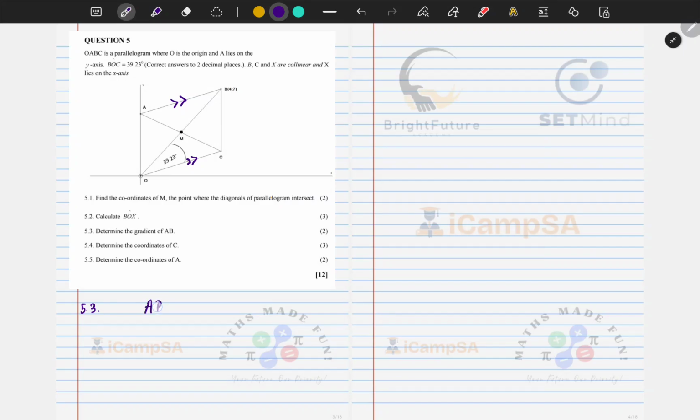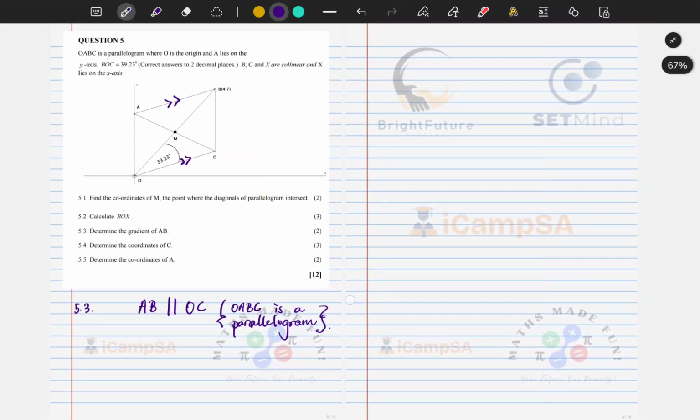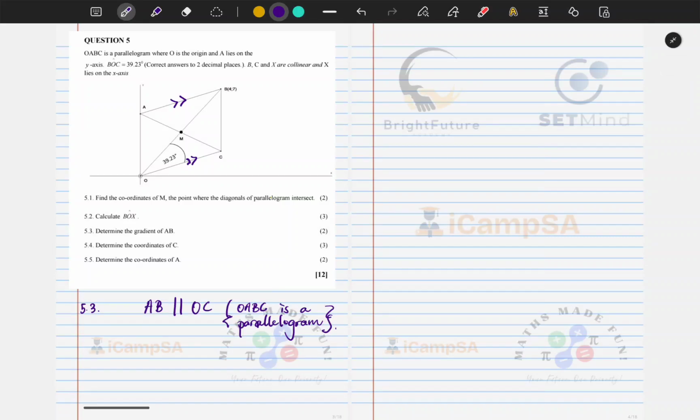So your AB is going to be parallel to OC. The reason is very simple. Your OABC is a parallelogram. And what do we know about the gradients of lines that are parallel to each other?